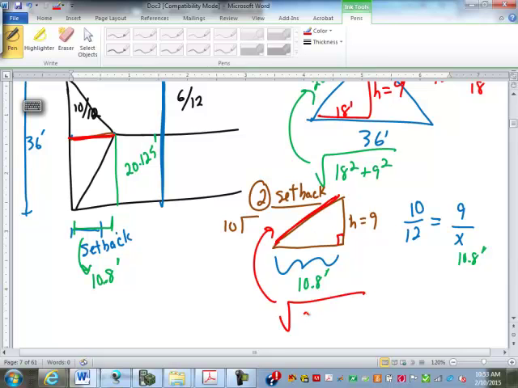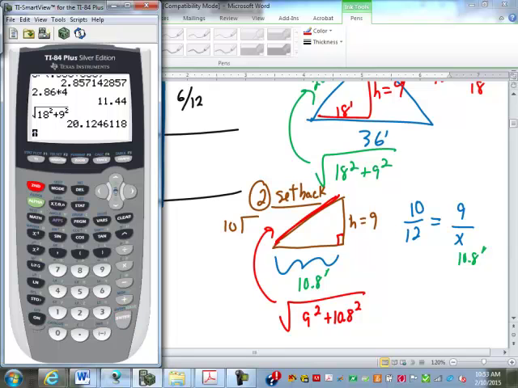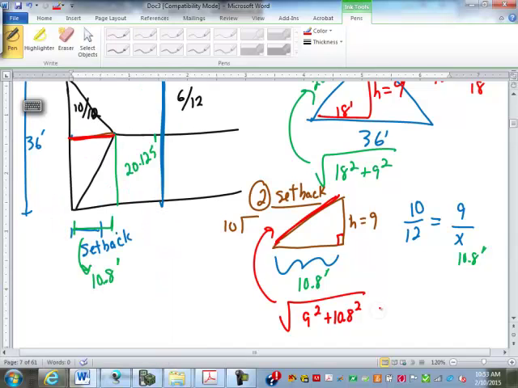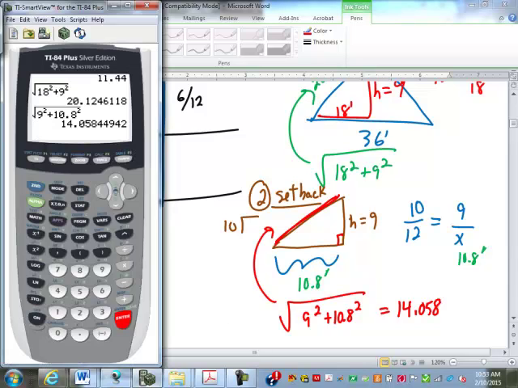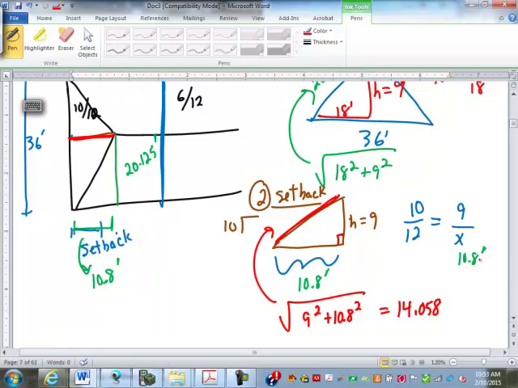So that's going to be the square root of 9 squared plus 10.8 squared. 10.8 was correct, right? Yep. Okay. So square root of 9 squared plus 10.8 squared is 14.058. That's the hip, and the common is 18 feet.